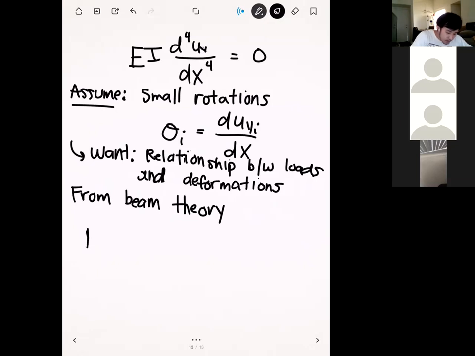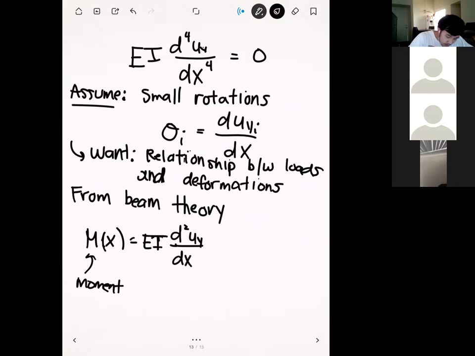So we have M of x, where M again represents a moment. Another word for moment is torque. So moments and torques are the same thing. Right, so it's going to be EI times d squared u_y over dx squared.